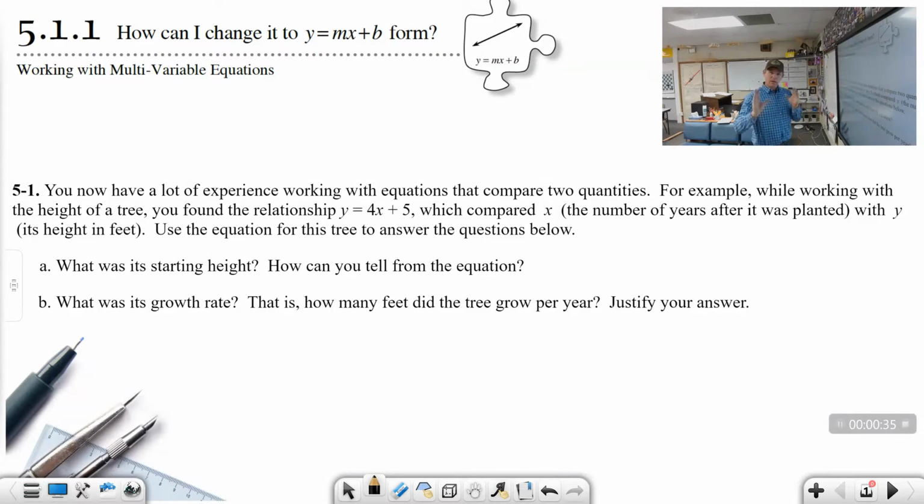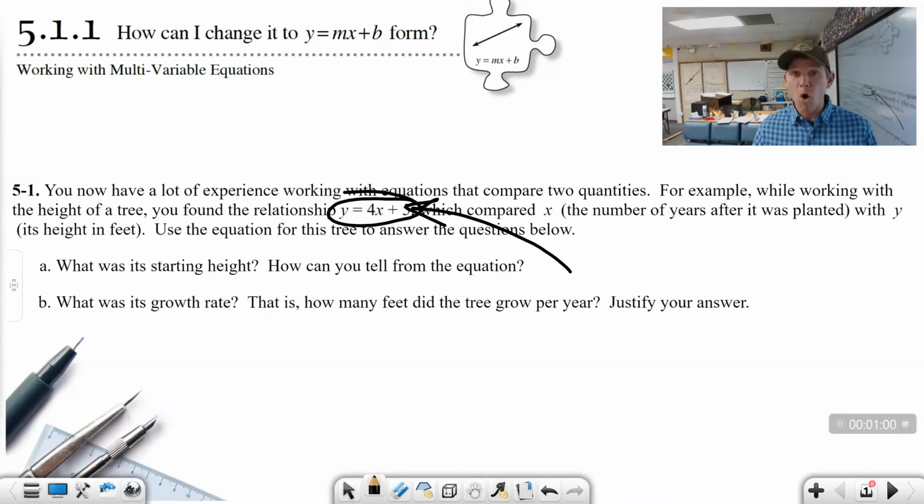So, in first problem, 5-1, when I was talking about John's Giant Redwood, you should be able to identify the beginning value and the growth. A, what is the starting height? What is the beginning value? Well, it's 5. How do you know? Because it said so. Letter B, what is the growth rate?